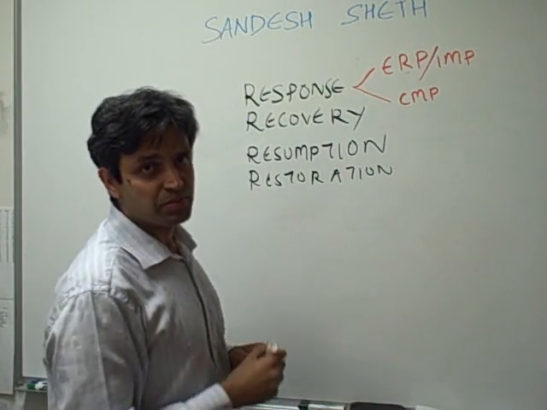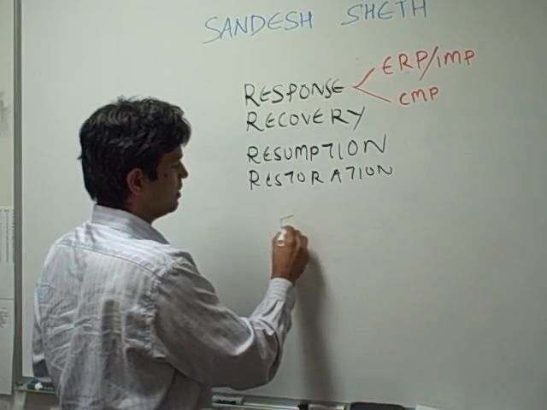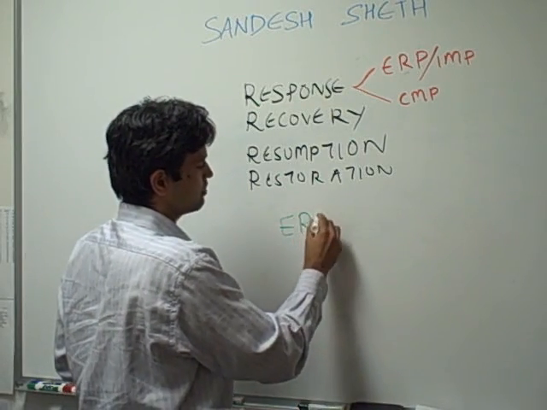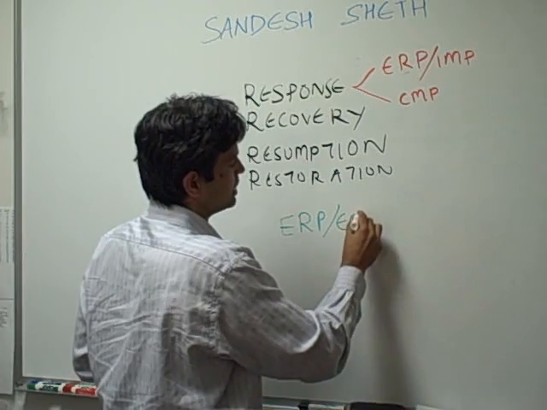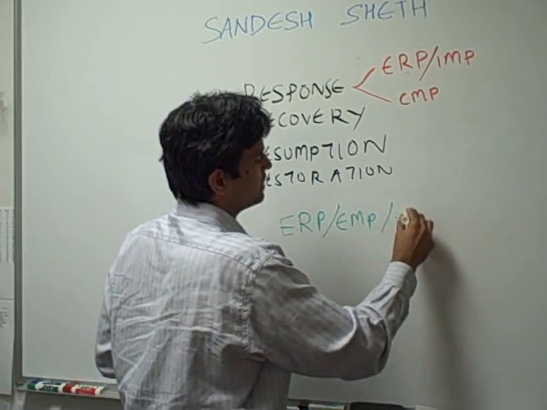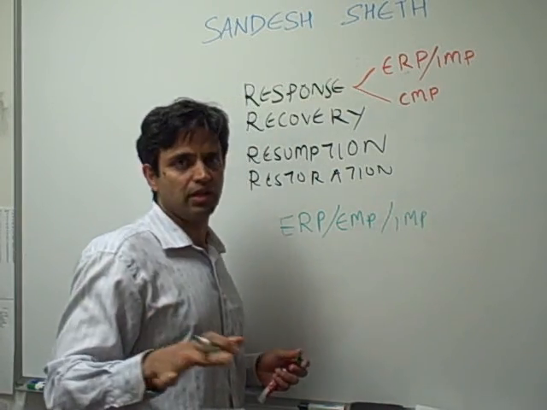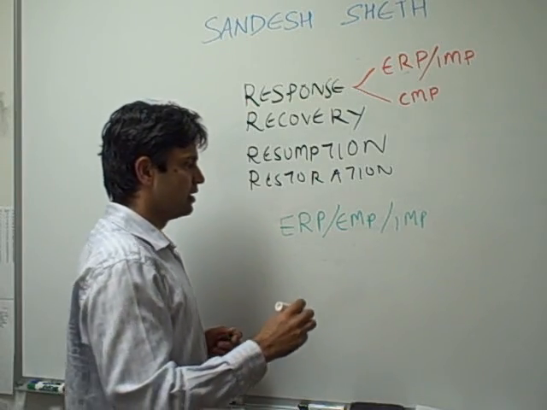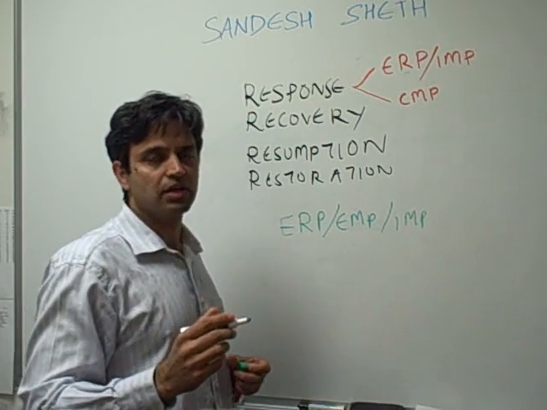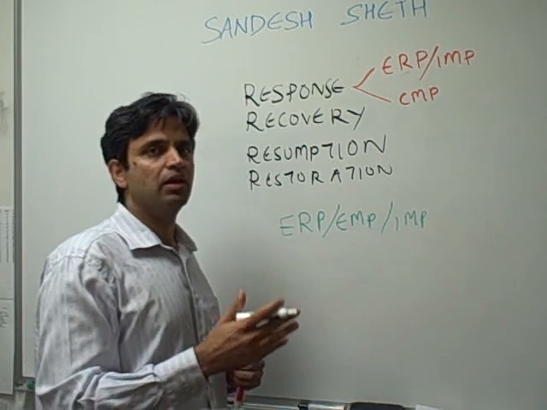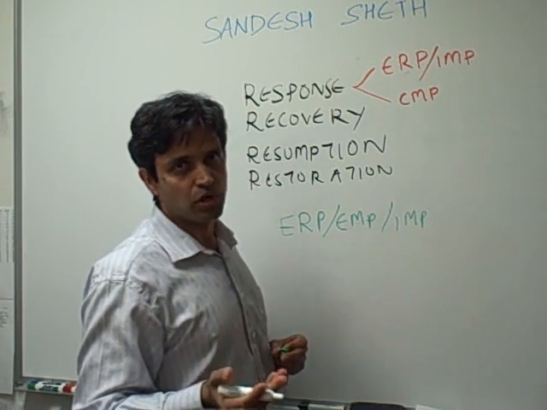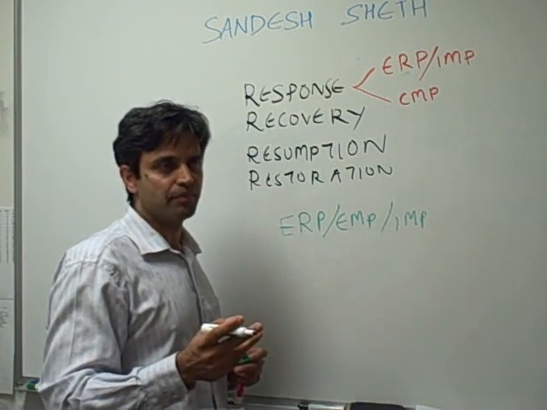The emergency response plan, or emergency management plan, or incident management plan, the name would vary depending on the organization, is a set of activities which are to be undertaken by the individuals, by the employees in case of an incident.